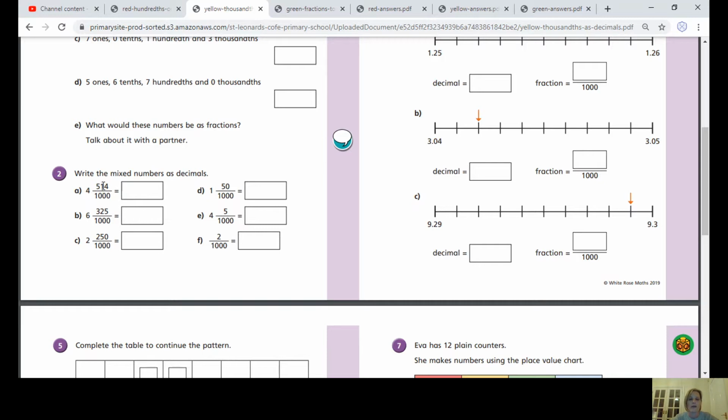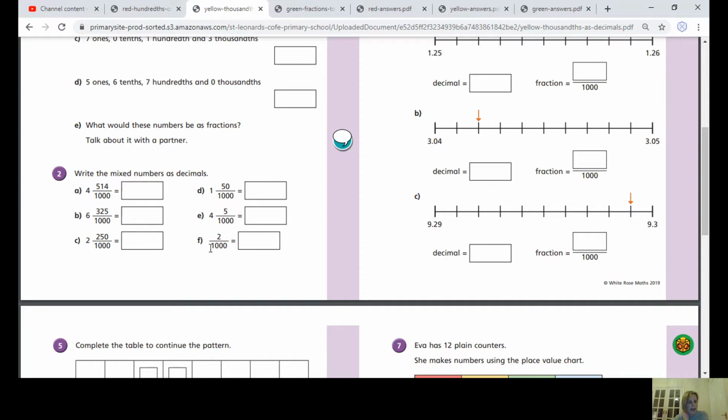Okay, then 514 thousandths. Okay, so your 4 in your 514 should sit in your thousandths column, which means that your 1 will sit in your hundredths column and your 5 will sit in your tenths column. So your decimal should be 4.514.